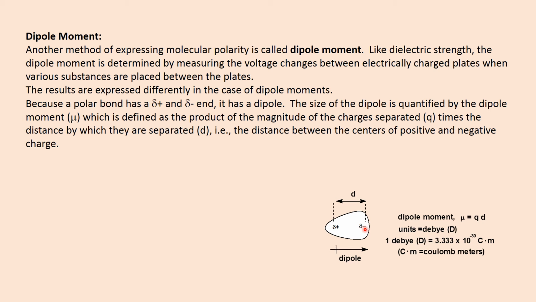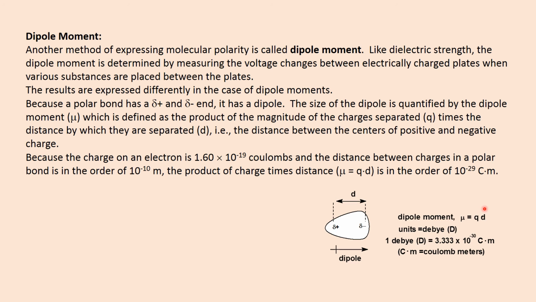Now the size of the dipole is quantified by the dipole moment. The symbol is mu here, and it's defined as the product of the amount of charge that is separated, Q, times the distance over which the charges are separated, D. Now the charge of one electron is 1.6 times 10 to the minus 19 coulombs, and coulombs is a unit used for charge in calculating dipole moment.